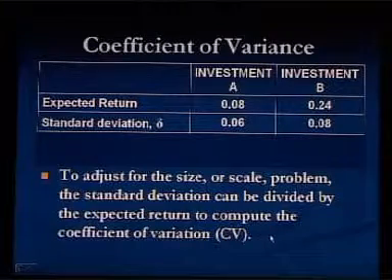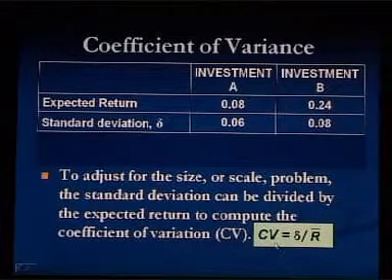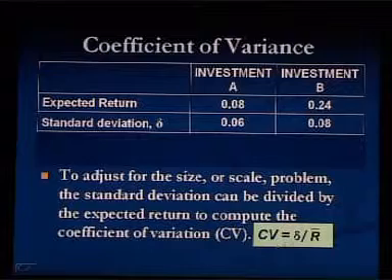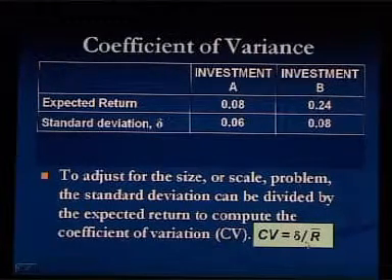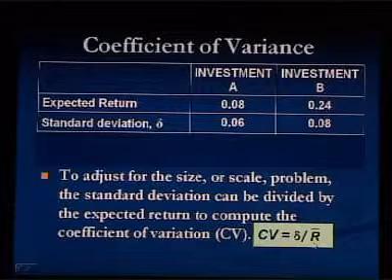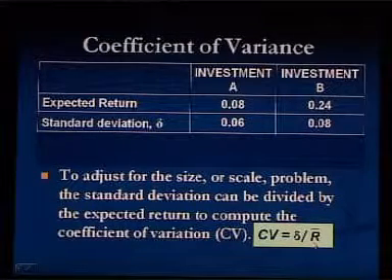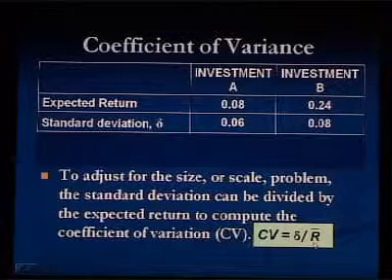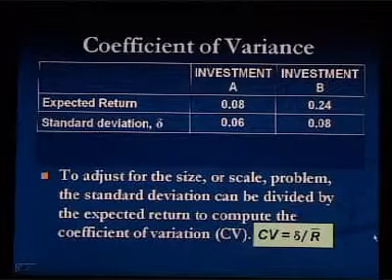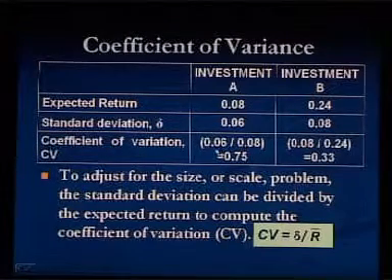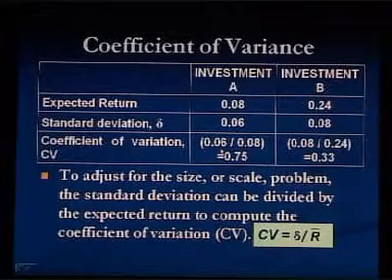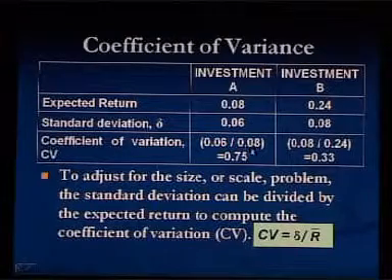This coefficient of variation can be calculated by using this formula, that is the standard deviation divided by the respective expected return, that is R bar. Now, by using this formula we can calculate the coefficient of variation for investments A and B here. You can see here that the standard deviation for investment A is 0.06 and expected return is 0.08.